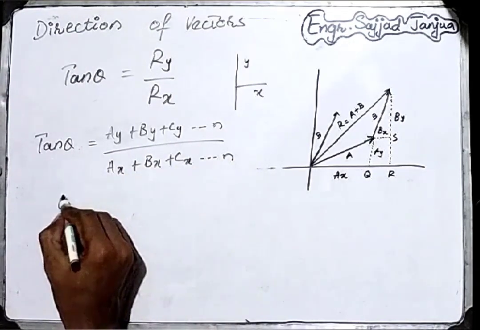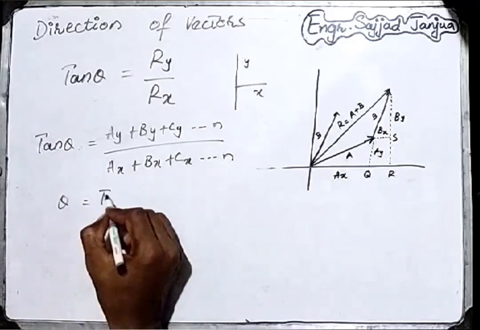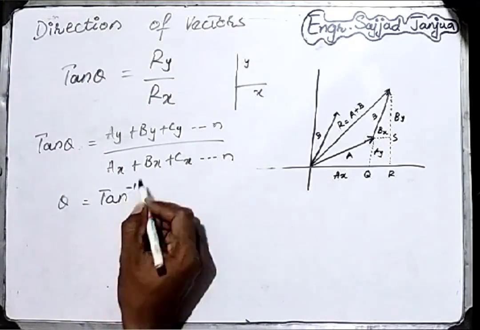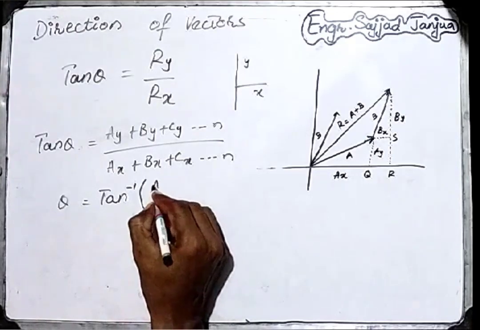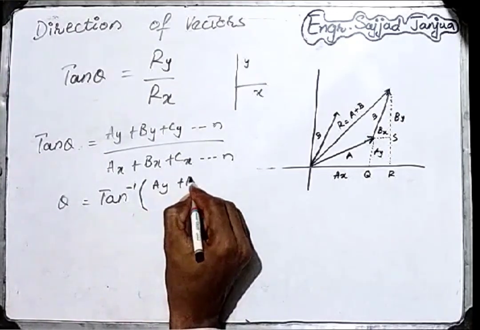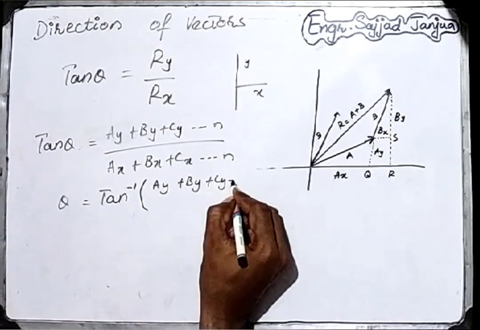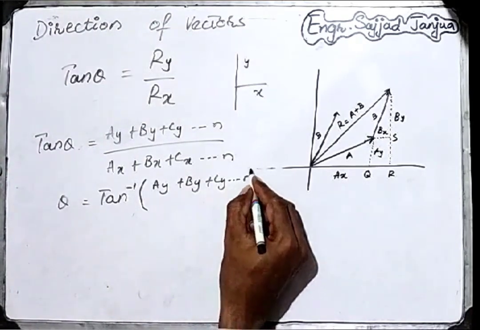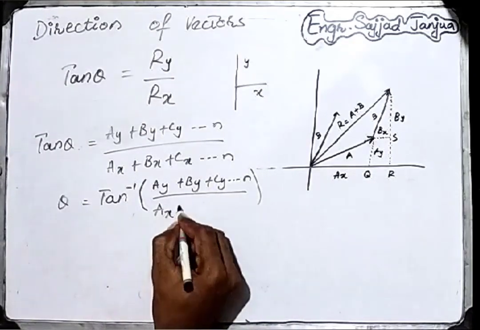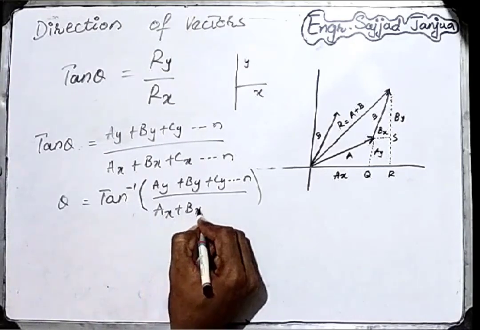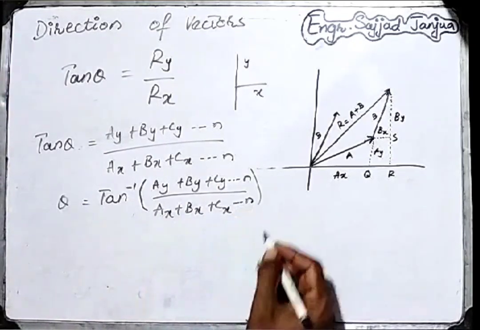Now theta will remain as it is and this tan will become tan inverse, and we have the value (Ay plus By plus Cy up to n) over (Ax plus Bx plus Cx up to n).